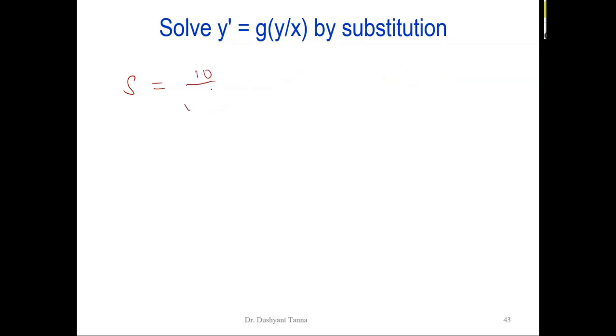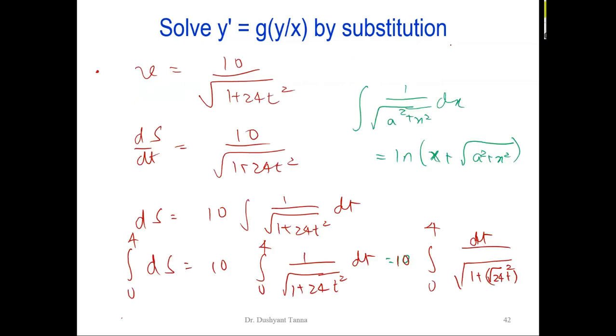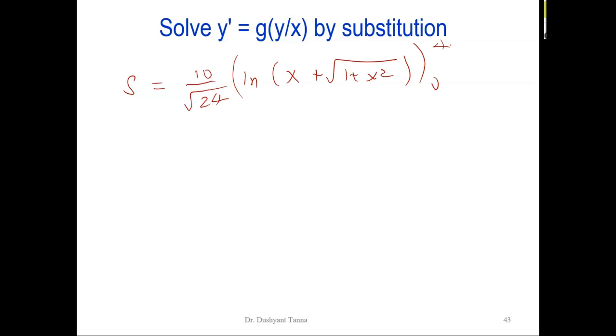So 10 over root 24 ln of x plus the square root of 1 plus x squared, from 0 to 4. What was our x? Root 24 t. Yeah, okay.